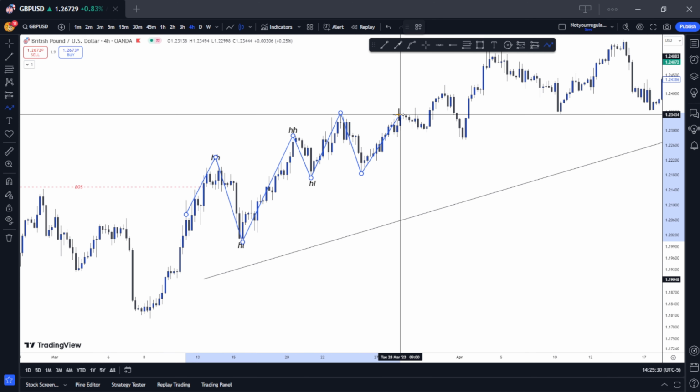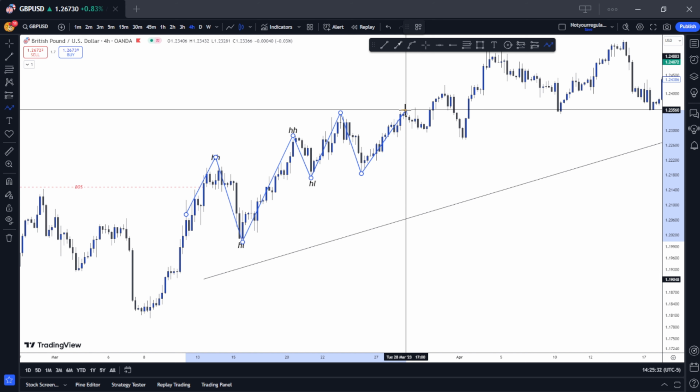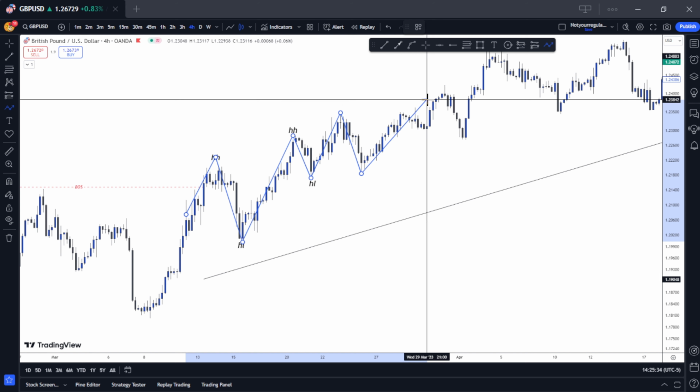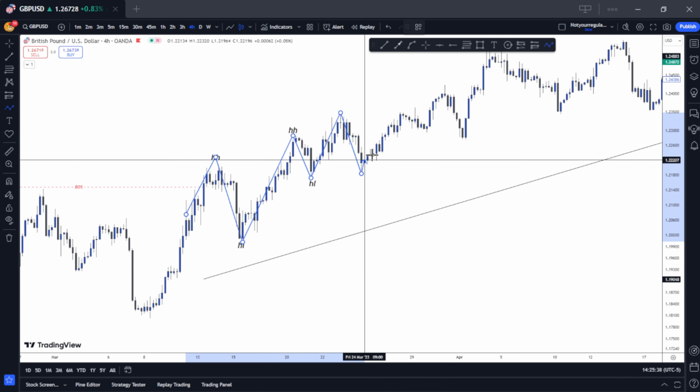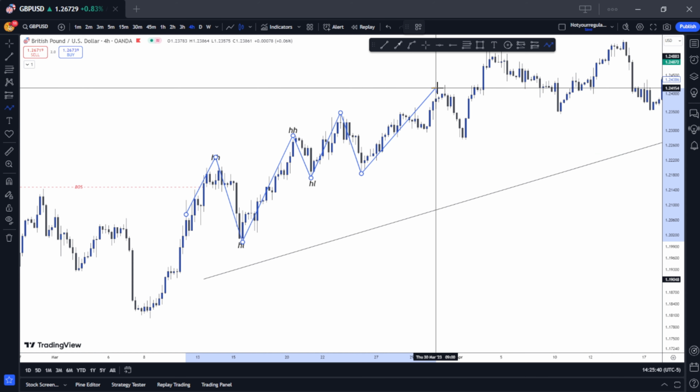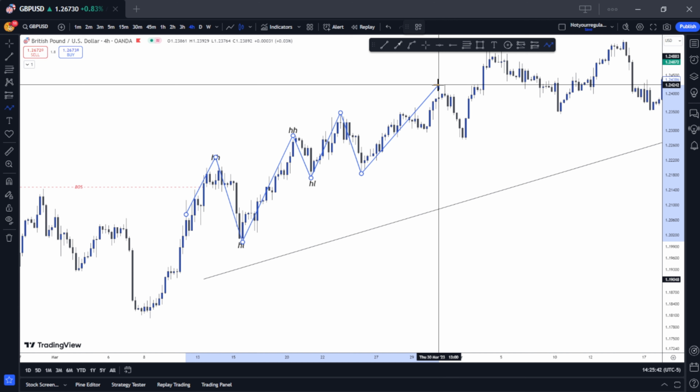Some people would have considered this structure, but this is not structure. We'll be talking about this in the advanced market structure, but for now, let's stick to the basics for those that are new.